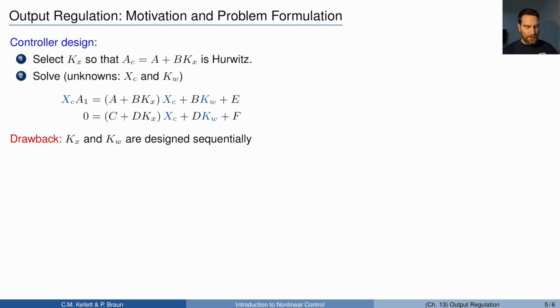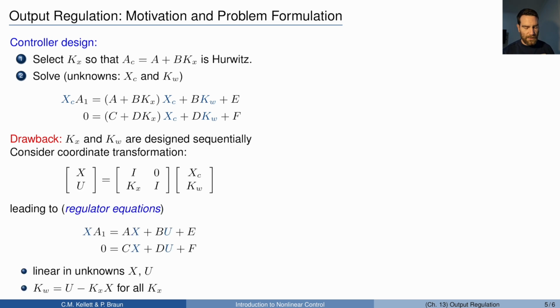But what is potentially problematic here is that we have to design, in this case, Kx and Kw sequentially. So we first design Kx, and then as a second step, we design Kw.